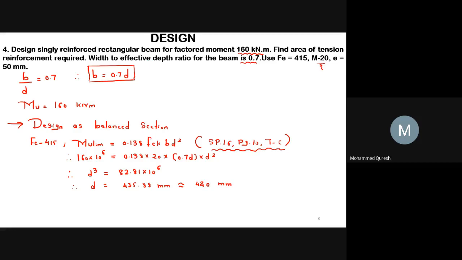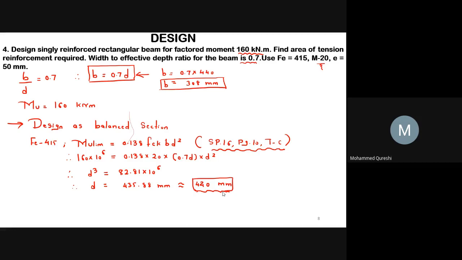Hence, after providing small d equals 440 mm, you will get b equals 0.7 into 440 equals 308 mm. So the dimensions calculated are b equals 308 mm and small d equals 440 mm.